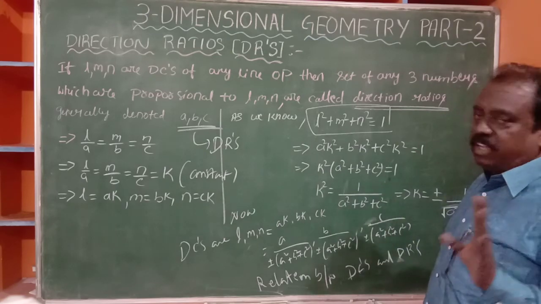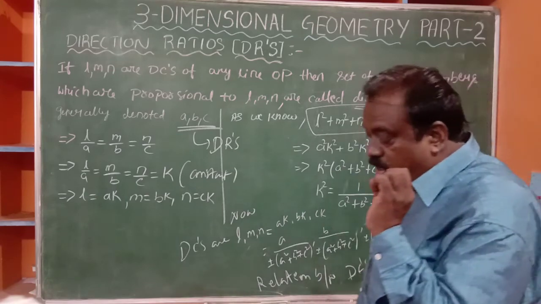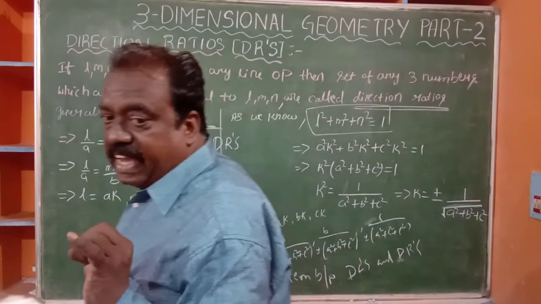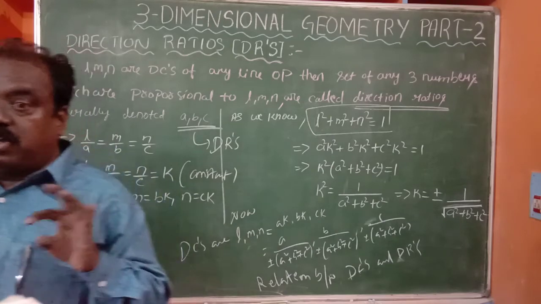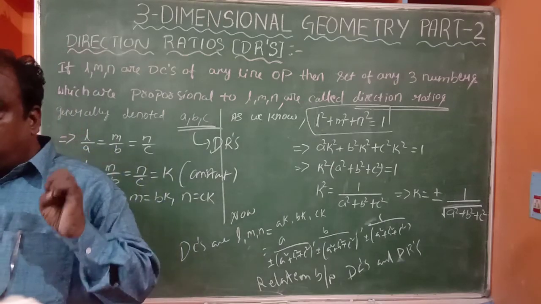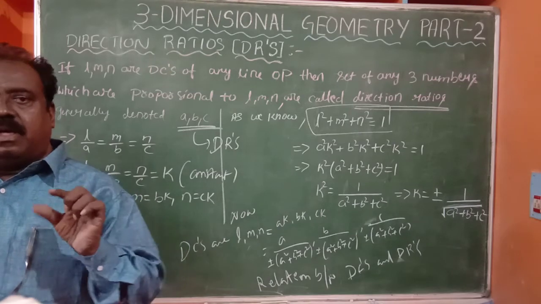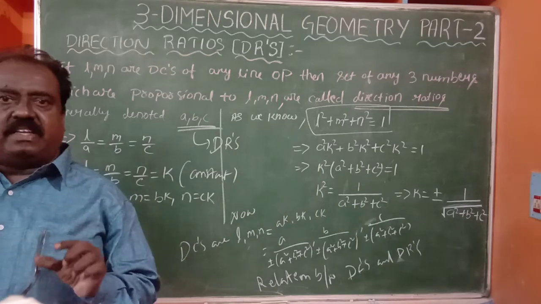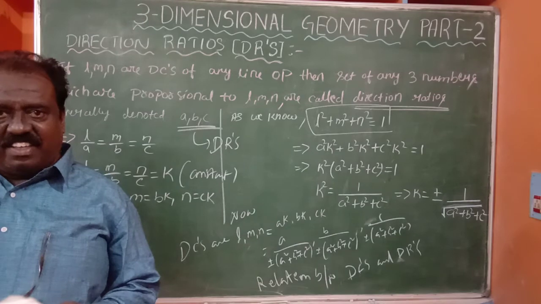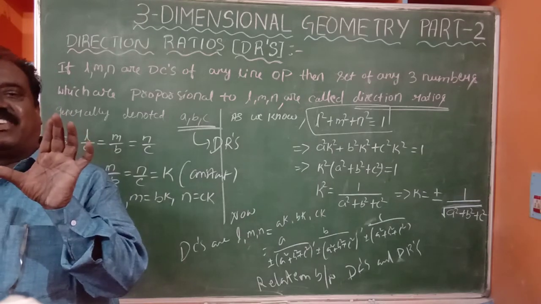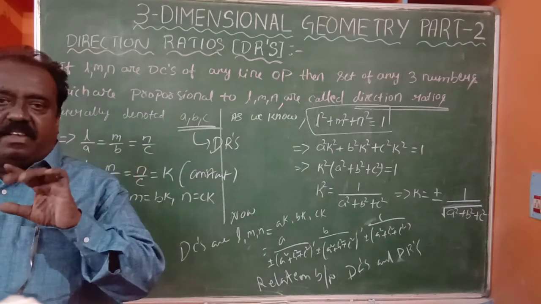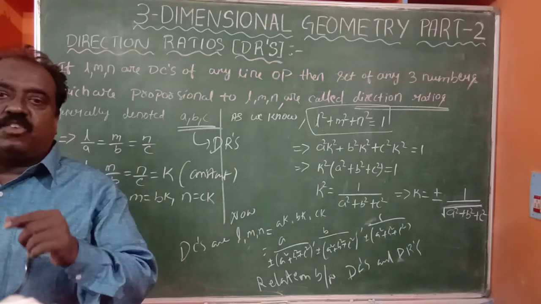So direction cosines and direction ratios, don't confuse them. If anybody asks you what are DRs and DCs: suppose P is a point, and line OP makes angles alpha, beta, gamma with the x, y, z axes.